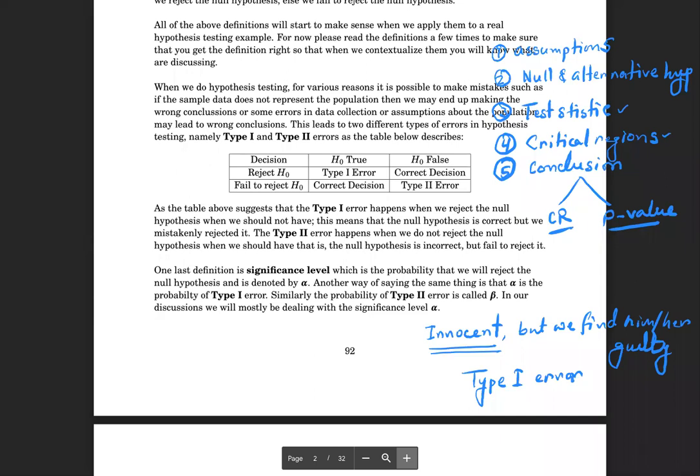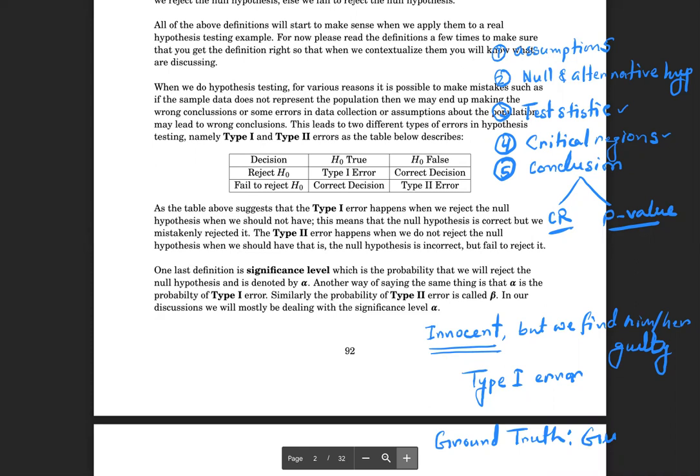On the other hand, there is another kind of mistake. Let's say the ground truth is that the person is actually guilty.